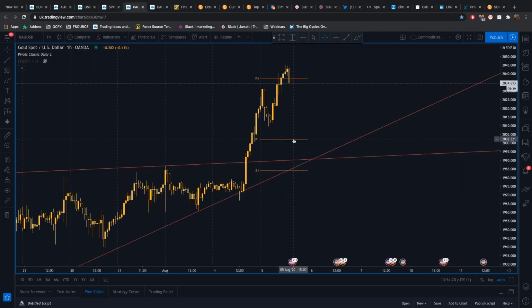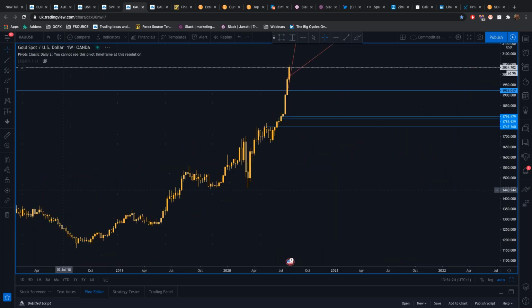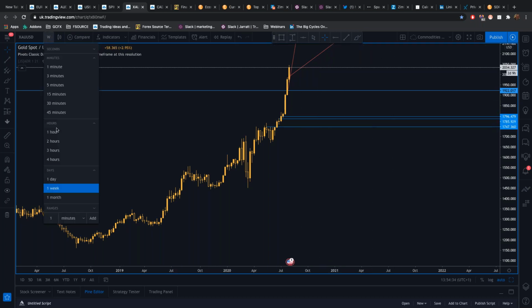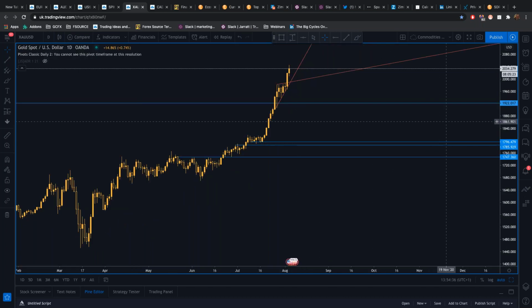So retracements back to that. But aside from that, don't get sucked into just buying at the top. This price could easily retrace back down to 1850, maybe back down to 1750 before carrying on its way higher. So keep your eyes on that and just watch your leverage levels going forward.